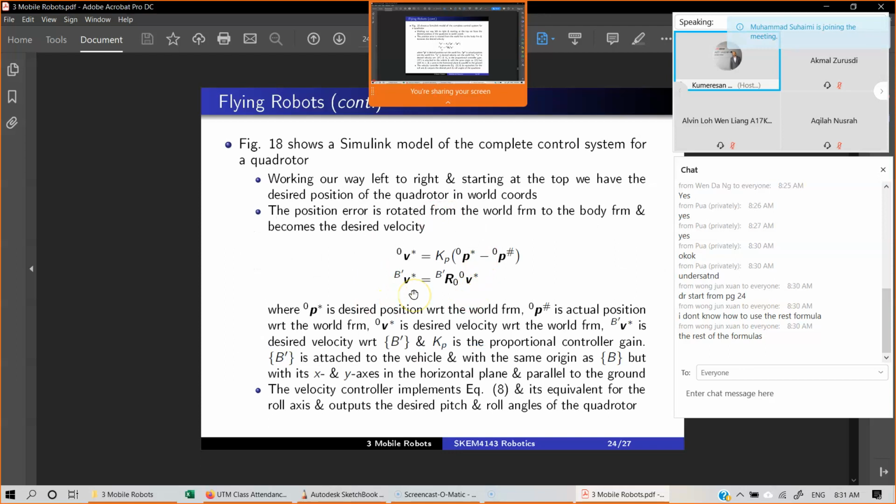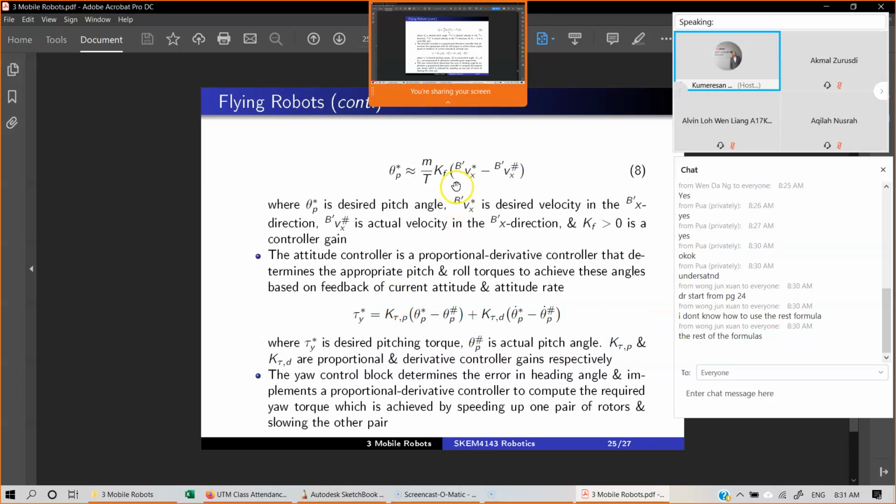These are the controller equations. This is the position controller equation. So as you can see, this is the desired position. This is the actual position. We compute the error. Error goes to the controller. In this case, it's just a proportional controller. The output of the positional controller goes to, it becomes the set point of the velocity controller. And then the output of the velocity controller goes as a set point to the attitude controller.